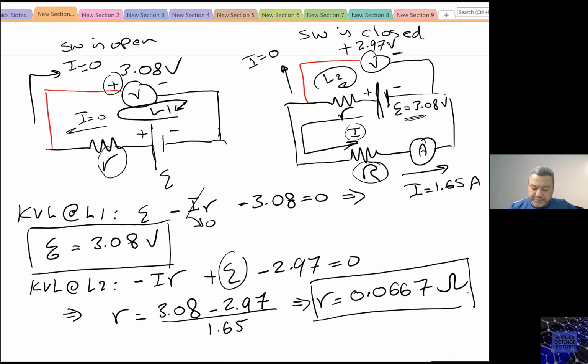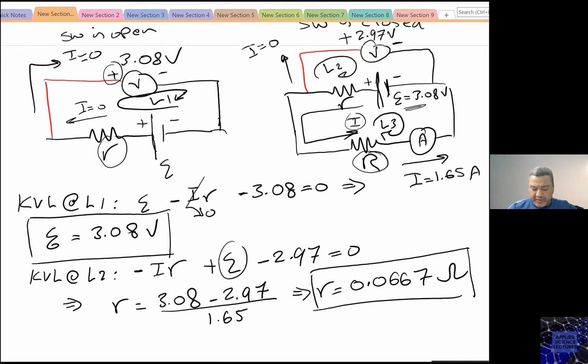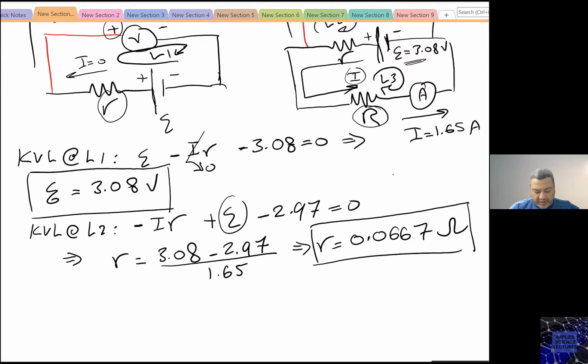Now, if I take KVL here, loop 3, to calculate capital R, then I can write KVL at loop 3. So loop 3 is anti-parallel with I. In this case, I will have I R positive.